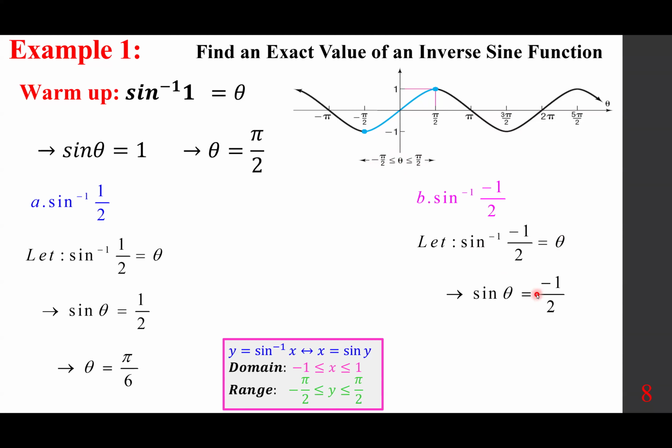And this means the answer is, if it were positive, pi over 6. Because it's negative, negative pi over 6. Again, we are looking at common arcs. That is pretty straightforward, everybody.